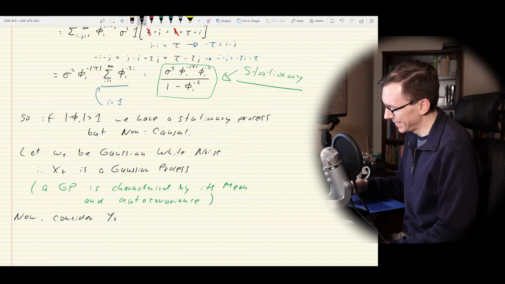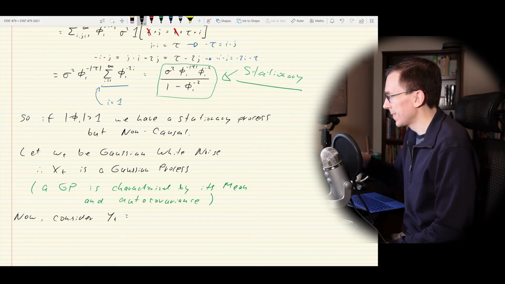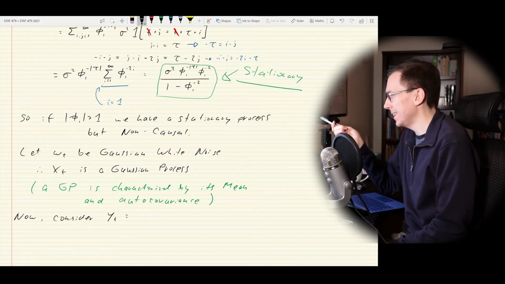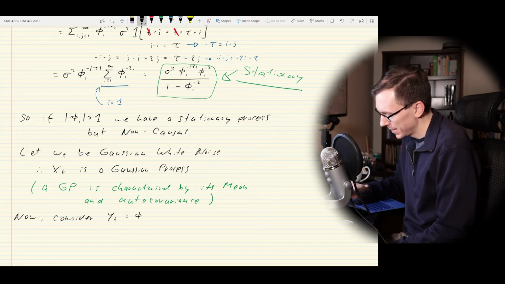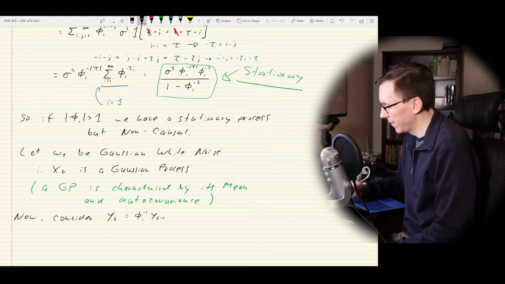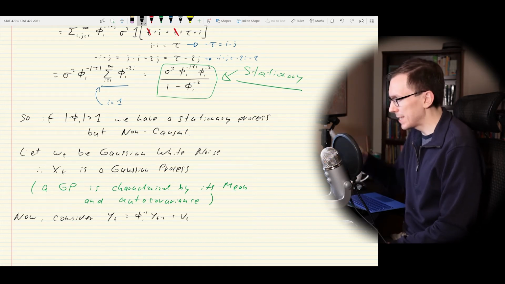So I keep telling you that just to say, stick with me, and we'll get there. So we have YT, and YT we can write down as this process, which is going to be phi 1 minus 1, YT minus 1, plus some white noise process VT. I use V because it's not the same as W.